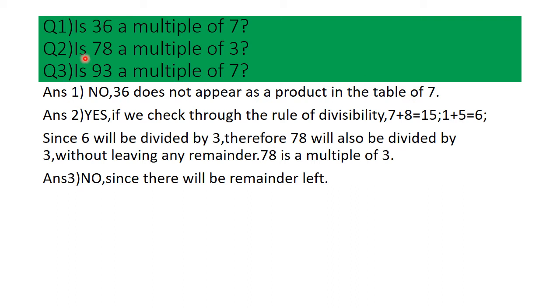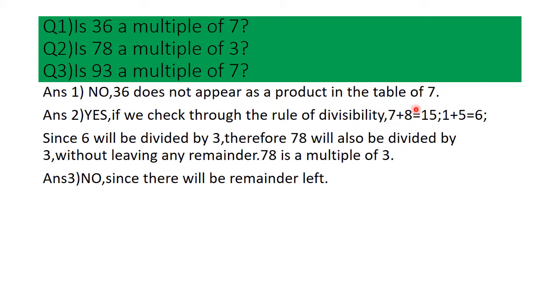Question number 2: is 78 a multiple of 3? To check this, first we will check whether we are able to divide 78 by 3 completely without leaving any remainder. Yes, if we check through the rule of divisibility which we studied in the chapter on factors, to check divisibility by 3, we add the digits of 78.